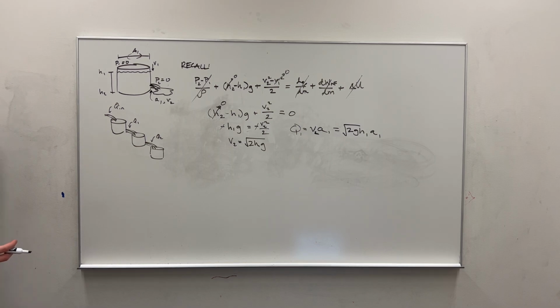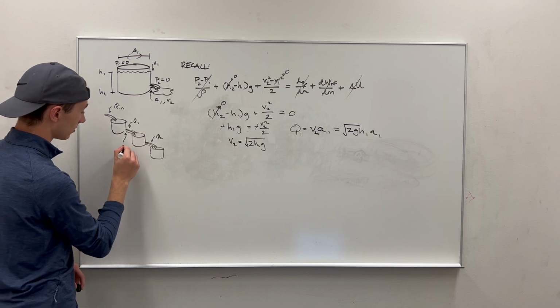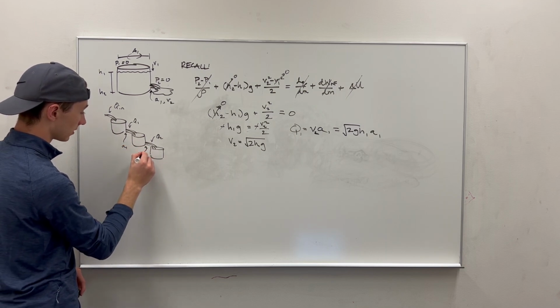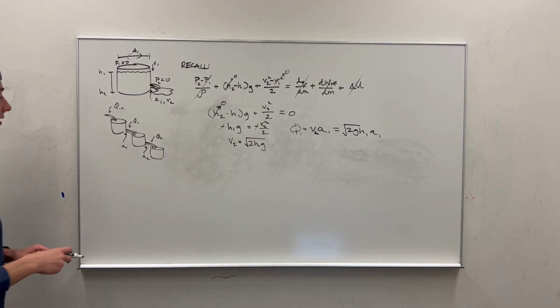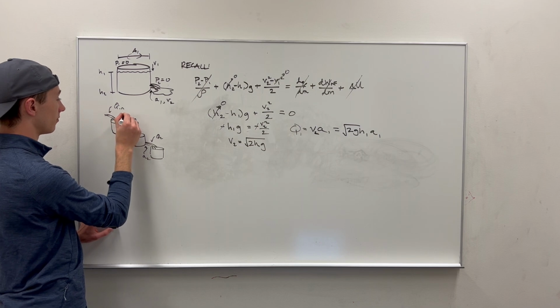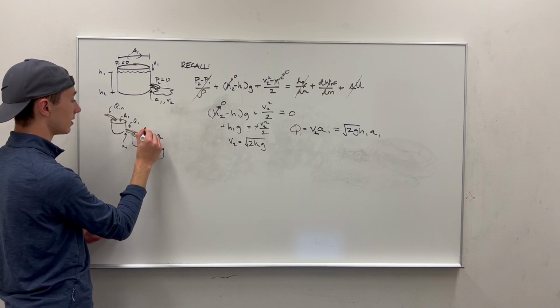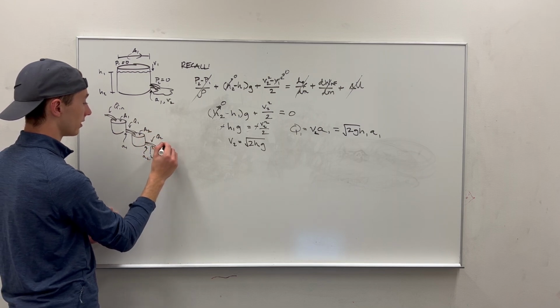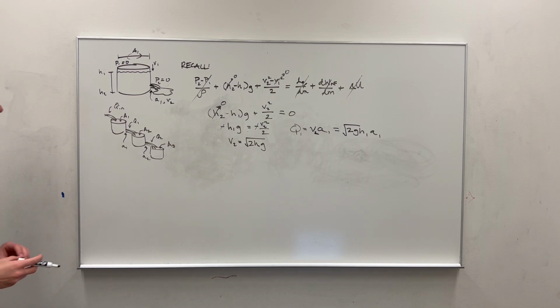And then we described the hole at the bottom of the first tank as little a1, which makes this one little a2. Similarly, we have a cross-sectional area of this tank of big A1, this tank is big A2, and this tank is big A3.